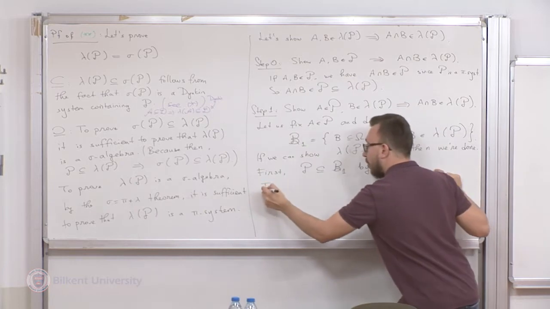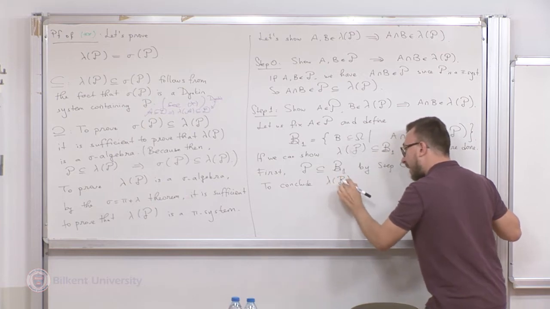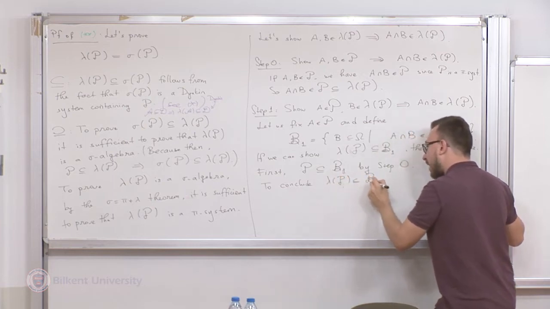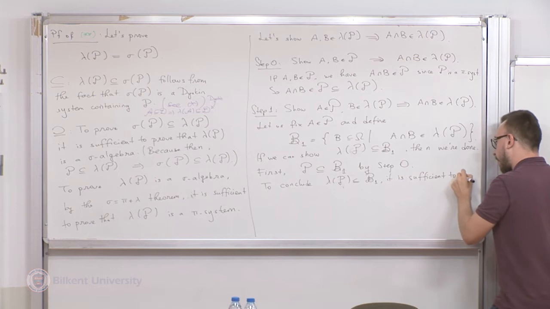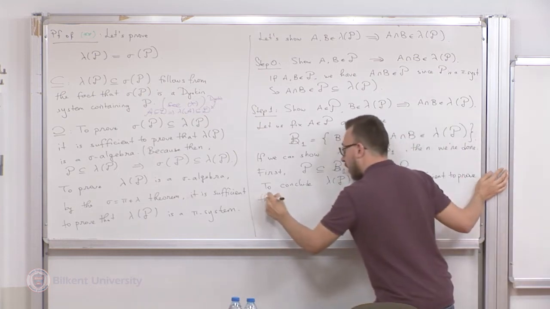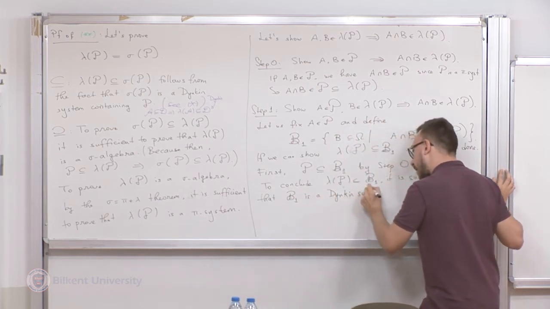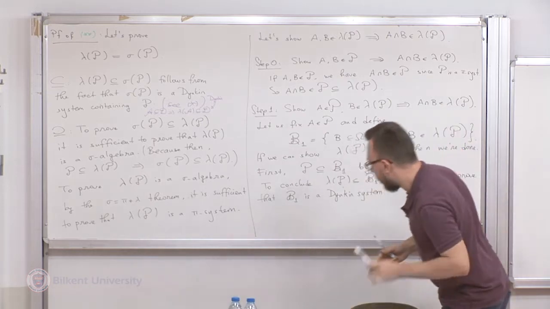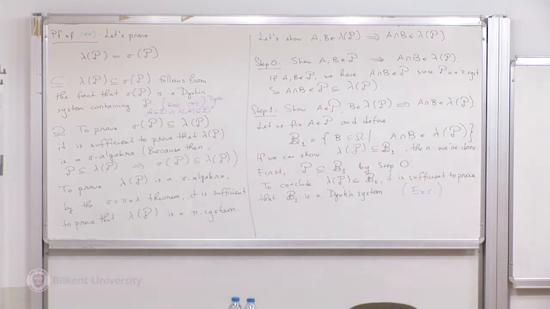So to conclude that lambda P is part of B1, it is sufficient to prove that B1 is a Dynkin system. And this is going to be left as an exercise. You check the definition of Dynkin system. Okay? I'm not going to do it here. But if you do it, you're done with step 1.